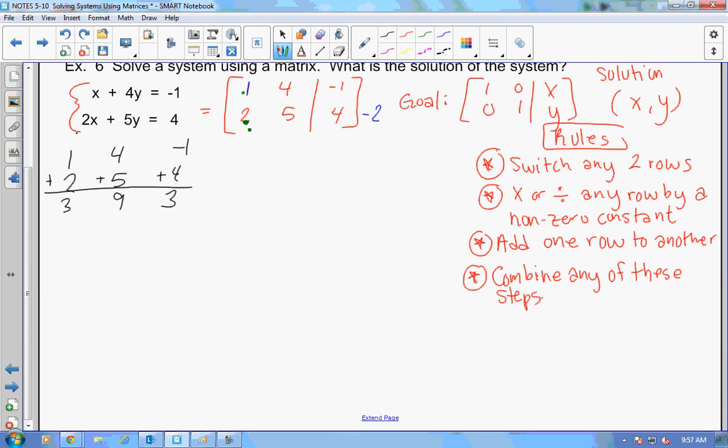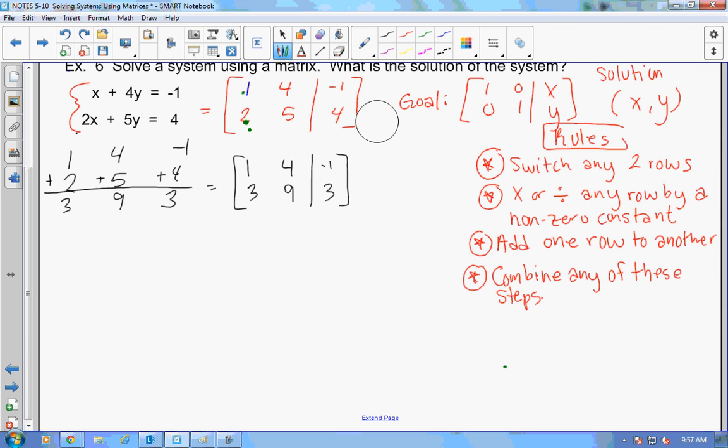And are you replacing the top row with this or the bottom row with this? Because the 1's already in its place on the top row. Okay, the 1 was already in its place on the top row, so we don't want to touch that. Let's manipulate the bottom row.